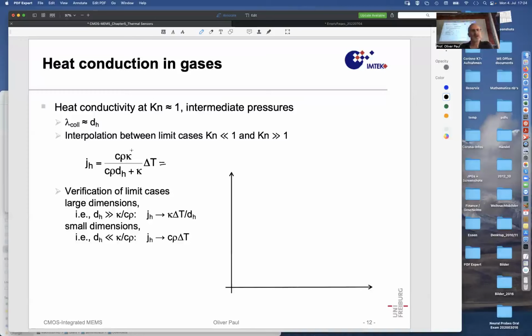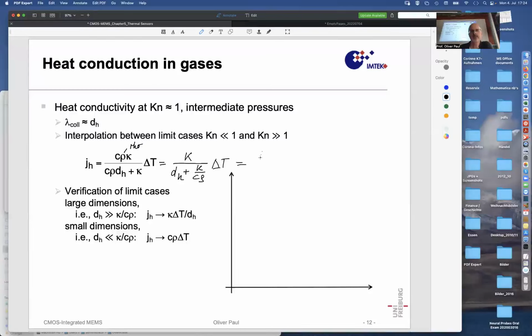So let me divide this by C times rho. Actually, this is rho, again like the electrical resistivity, but here it's the density. So let me divide. This is kappa divided by dH plus kappa over C rho times delta T.